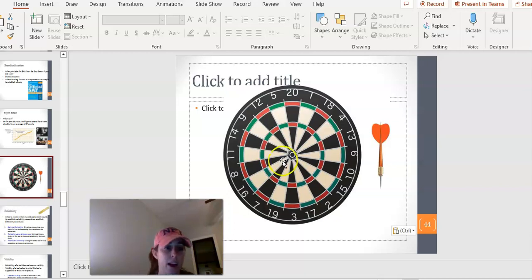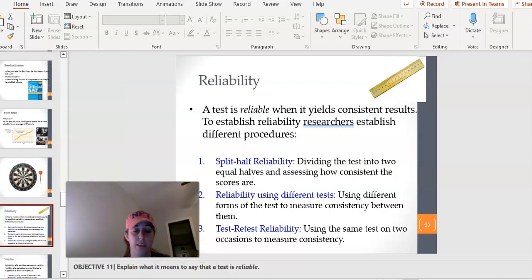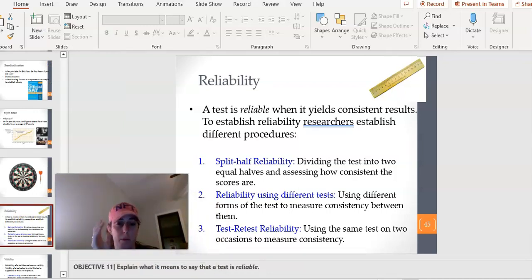Now, how do we know that a test has reliability? I remember for some reason this was kind of a little issue when we talked about it, or maybe tested on it. So one thing you do, you take a test and you split it in half, and is one half equal to the second half? That's a reliable test. Make sure all the questions are consistent there. They would do odds and evens, that kind of thing.